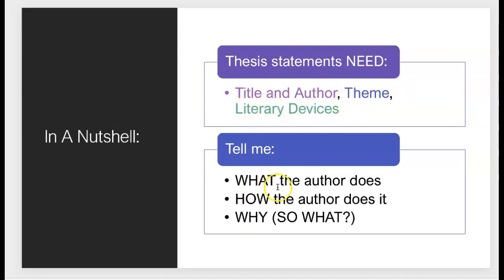So you want to tell me what the author does, how the author does it, and why it matters. What is the overall message or meaning made through these various components?